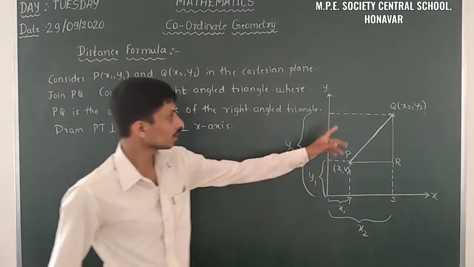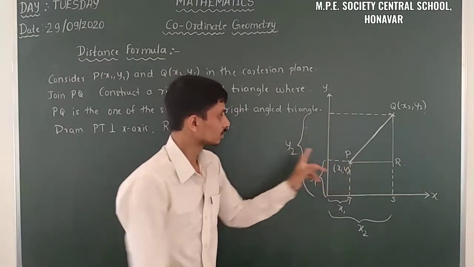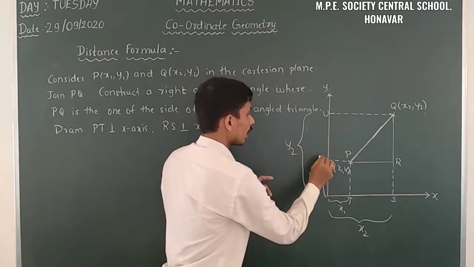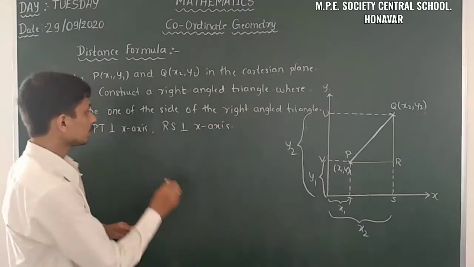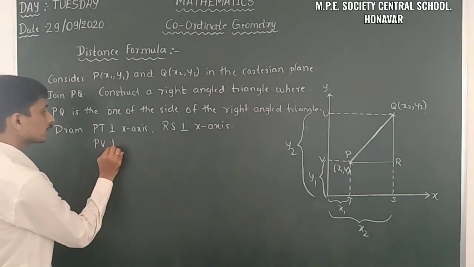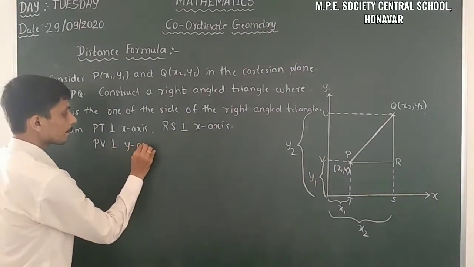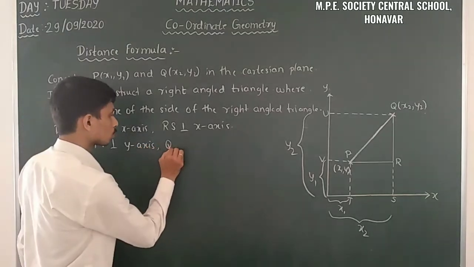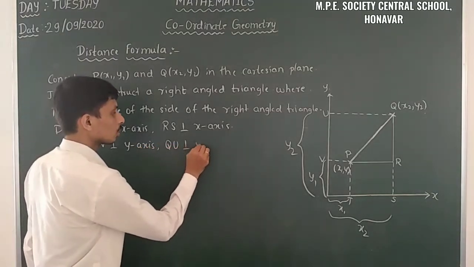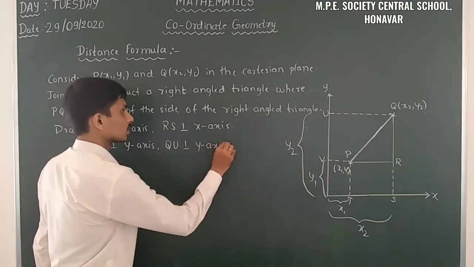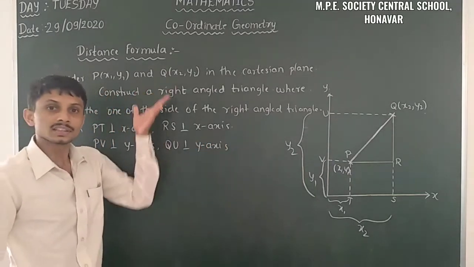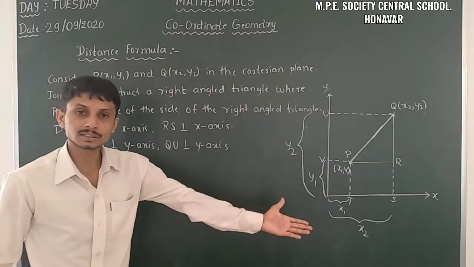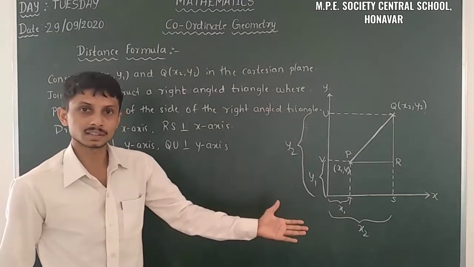Then here I will take U and here V. That is, PV perpendicular to the y-axis and QU perpendicular to the y-axis. So this is the construction we have to consider.